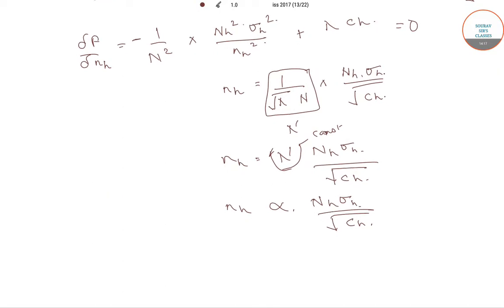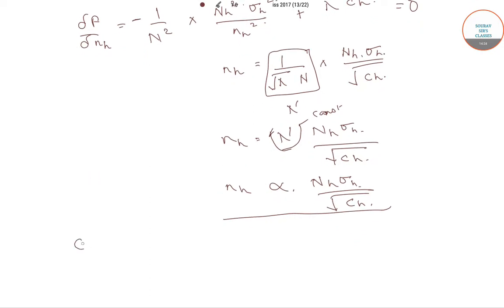Now what we will do is we will put this value in our cost function. So we will get C equal to C naught plus lambda dash into summation h goes from 1 to L of ch into Nh sigma h divided by root over ch.